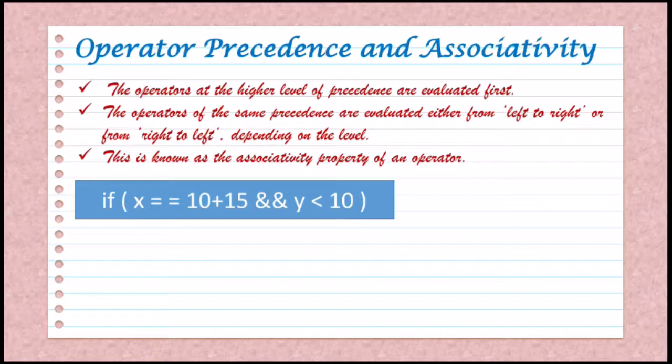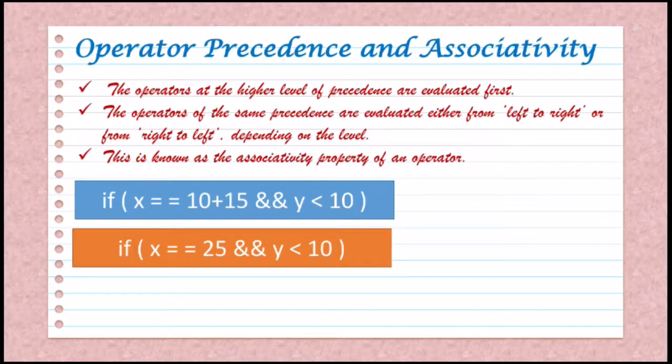Therefore, the addition of 10 and 15 is executed first. This is equivalent to if x equal to 25 and y is less than 10. So here we have first executed 10 plus 15, that is 25, because the plus symbol has higher priority than the equal to symbol, as well as logical AND and the less than symbol.